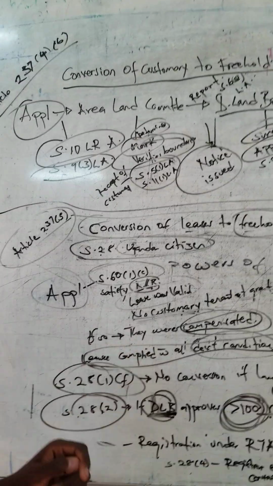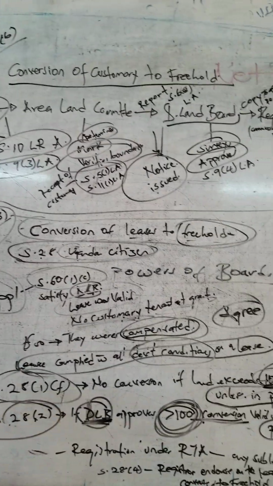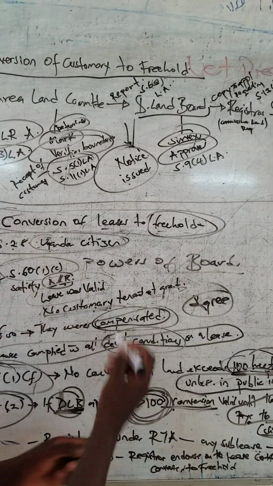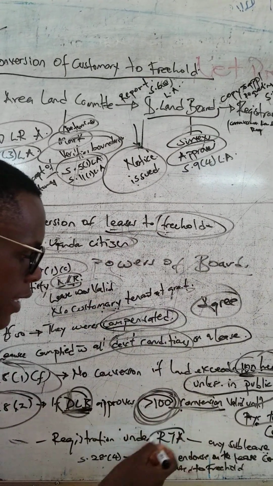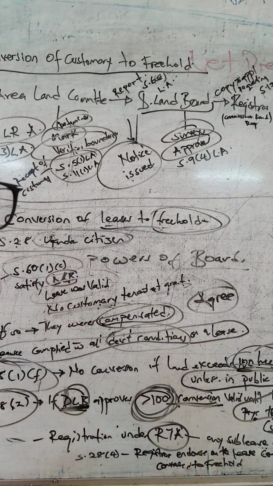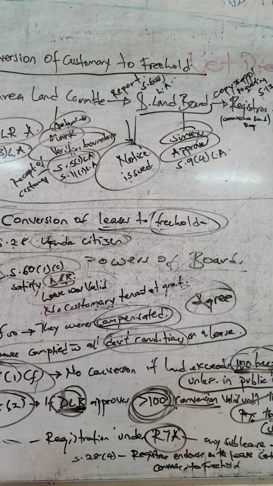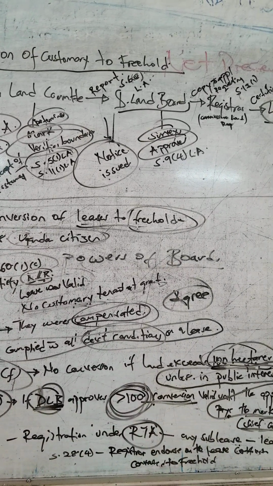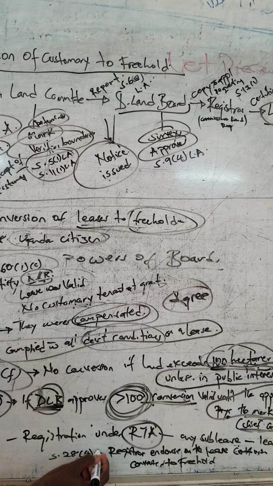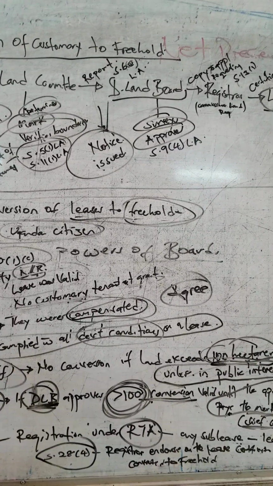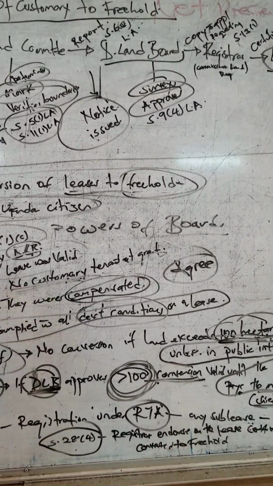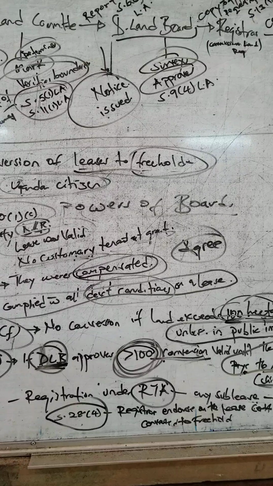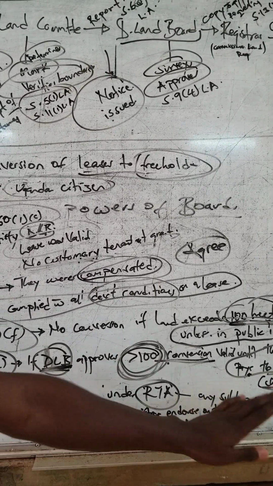You get? And also, this conversion under the leasehold is determined by the RTA, the Registration of Titles Act. And here we realize that it is the registrar. When you read section 28, subsection 4 of the Land Act, it provides that the registrar endorses on the lease certificate.